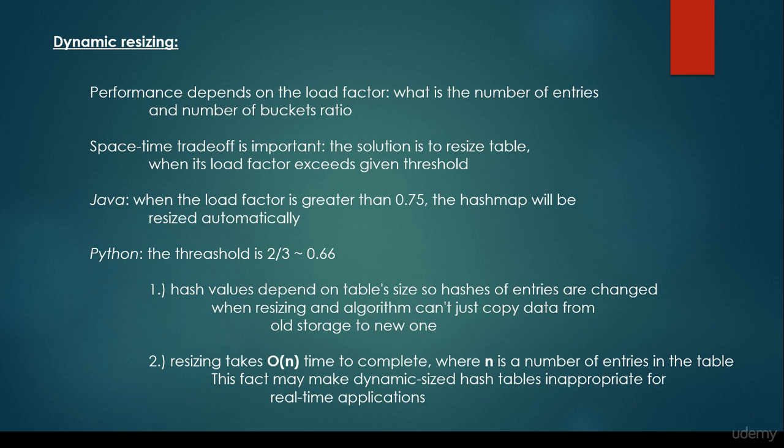This fact may make dynamically sized hash tables inappropriate for real-time applications. So we have to consider these facts. If we would like to do dynamic resizing, it's okay, but we have to take this order n linear time complexity into consideration: whenever we resize the underlying array data structure, we have to rehash the values, and that's why it's going to be a slow procedure.